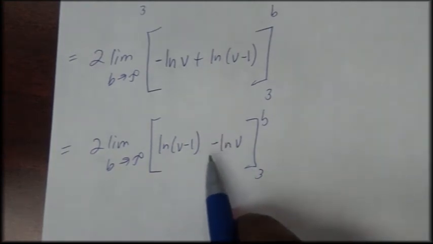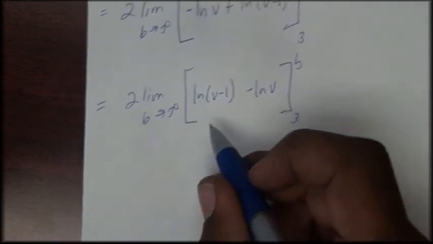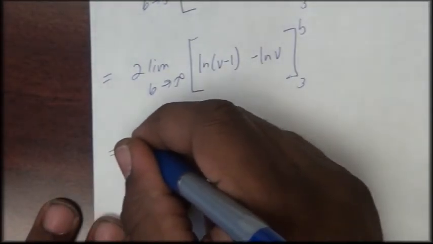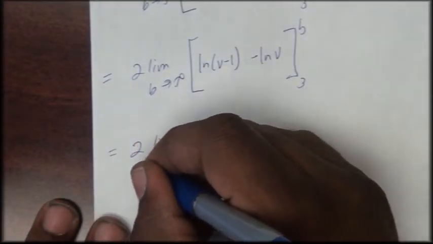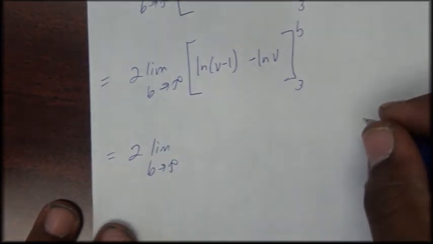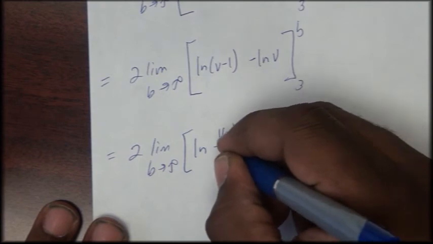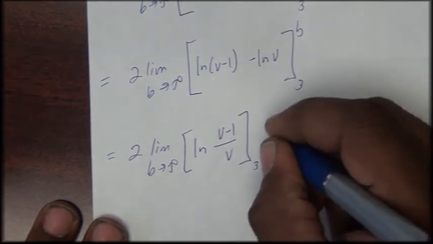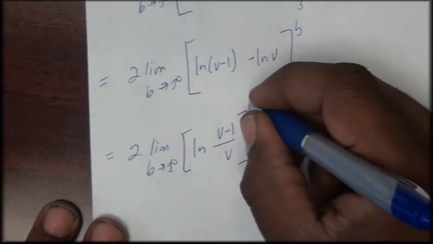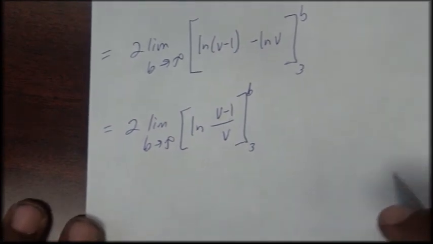This will allow me to rewrite the difference as a quotient. So I can now write this as 2 times the limit as b approaches infinity of the natural log of v minus 1 over v from 3 to b.